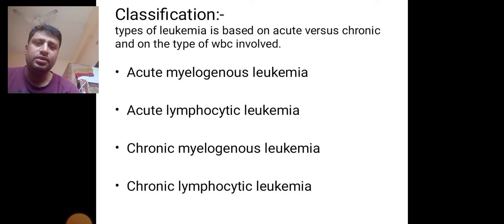If we see acute myelogenous leukemia, the age of onset usually shows an increase in incidence with advancing age. Peak incidence is between 60 to 70 years of age.